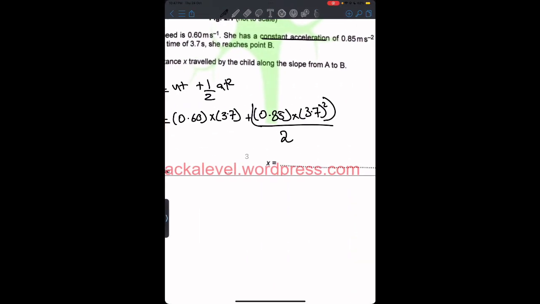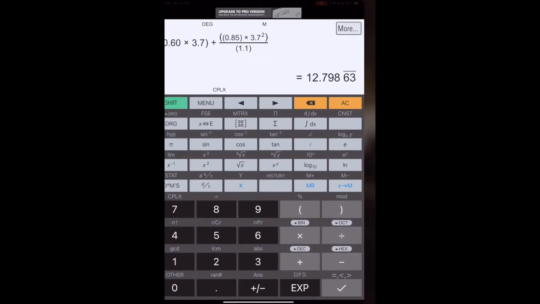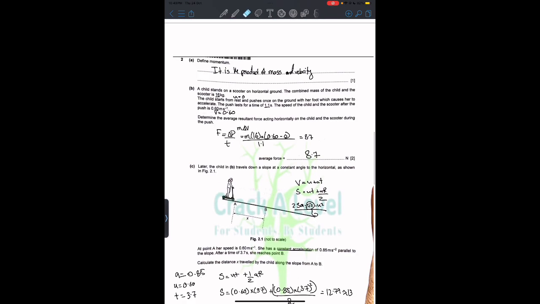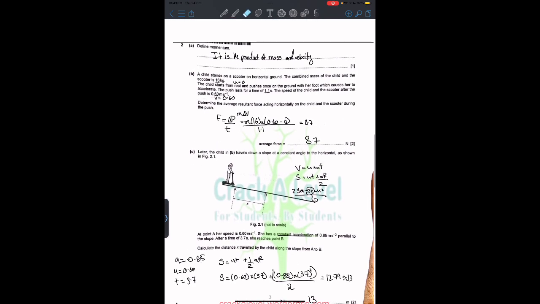Let's see how many significant figures I should round this off to. This is 2 significant figures, this is 2 significant figures, and this is 2 significant figures. So I'll round this off to 13.